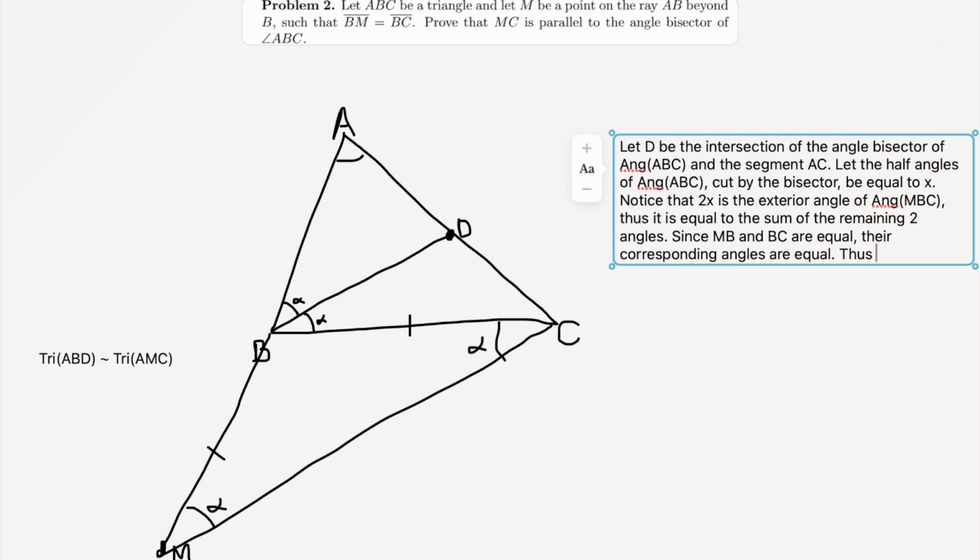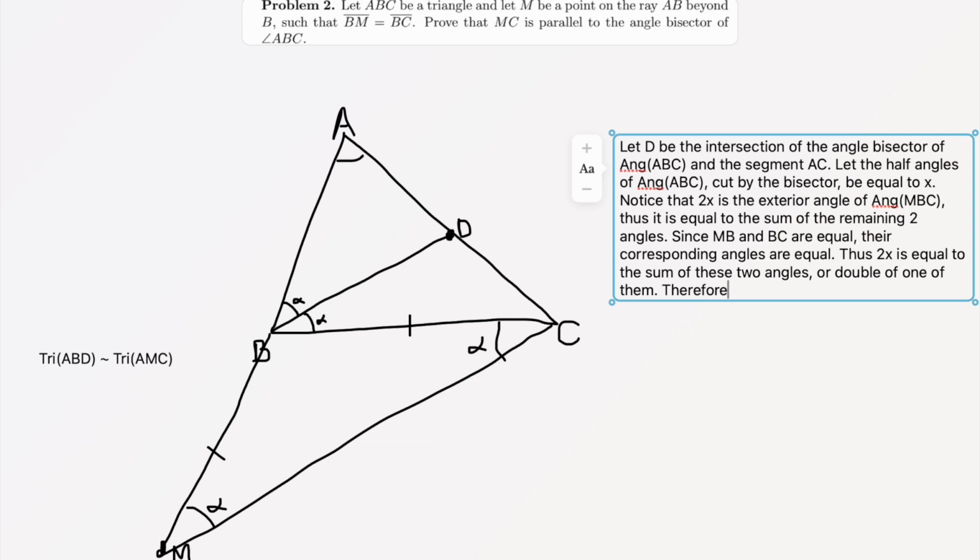Thus, 2x is equal to the sum of these two angles or double of one of them. Therefore, since it's 2x and double of one of them, each of those two angles, just to specify, are also equal to x.